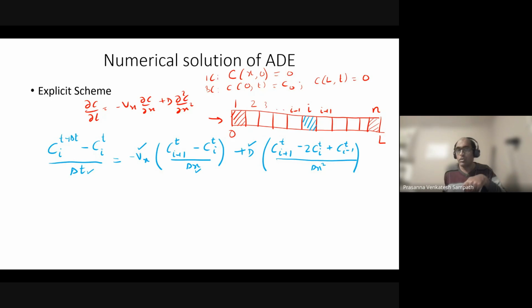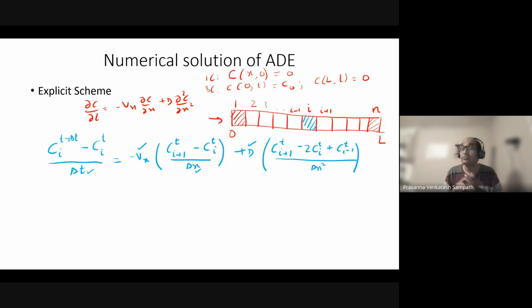Right? So if I'm starting to solve this problem from time step t equal to 0 onwards, at time step t equal to 0, I know the initial condition, the concentration is 0 everywhere. Look at the initial condition written on top. Initial condition is C at x comma 0, which means for all values of x at time t equal to 0, the concentration is 0.